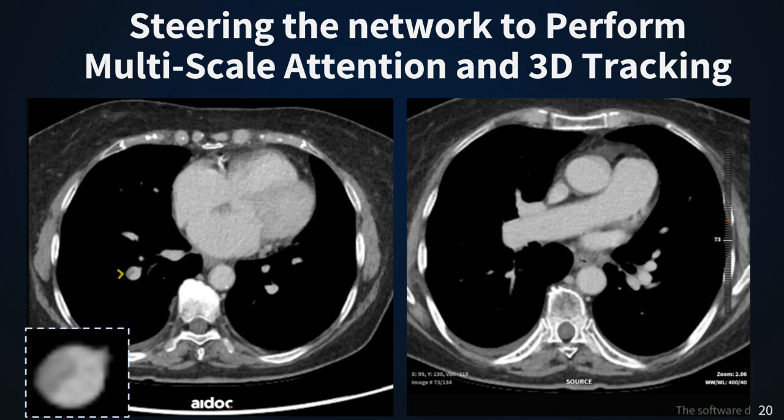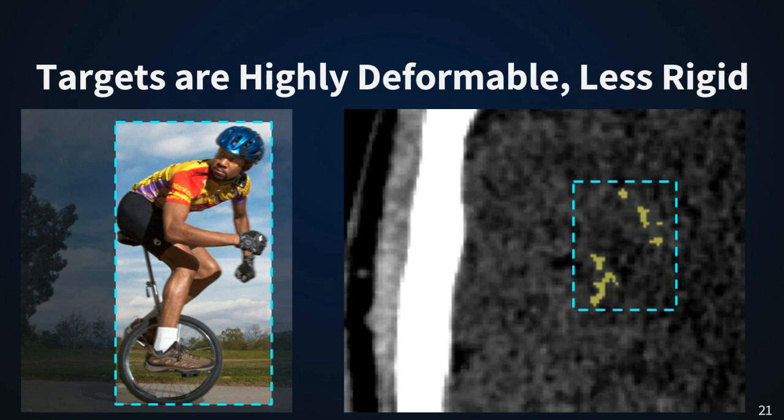And another challenge is the deformability of the targets. And this is just a quick reminder of the less deformable target on the left from traditional computer vision data sets and the highly deformable target on the right from the medical imaging data sets.